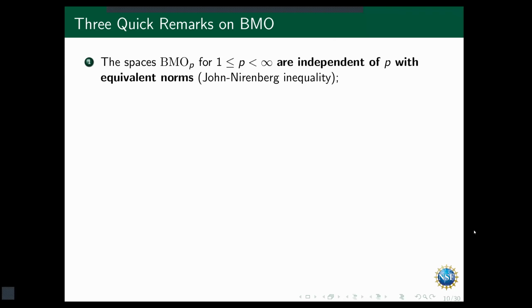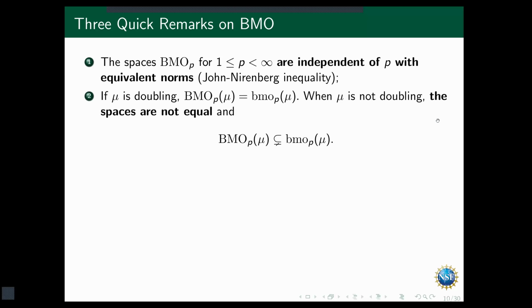These spaces have some interesting properties in the non-homogeneous setting that don't show up with, say, Lebesgue measure or even doubling measures. First, there's a variant of the John-Nirenberg inequality in this martingale setting that tells you that these spaces BMO_p, the ones that were defined using the dyadic parent instead of the dyadic cube itself, are independent of p with equivalent norms.